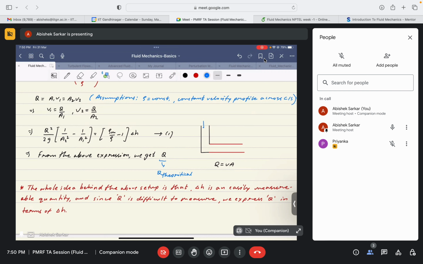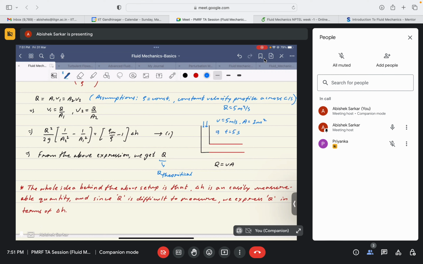If the water is pumped at the inlet with a certain velocity, say v equal to 5 meter per second, just random values, don't take them into consideration, and A is say 1 meter square, then you can think that Q would be equal to 5 meter cube per second. So this amount of fluid is pushed inside the pipe, and it took around say 5 seconds, say 5 meter cube.